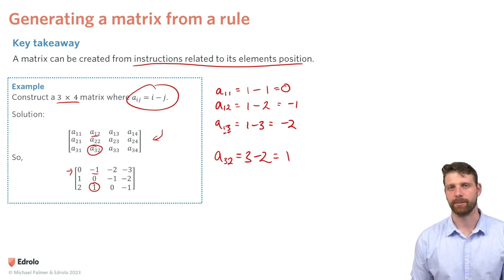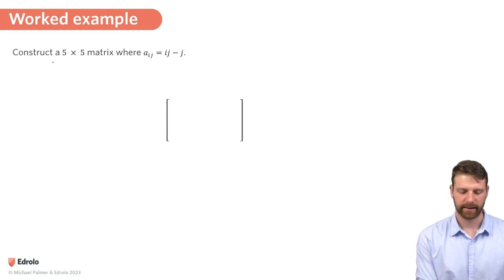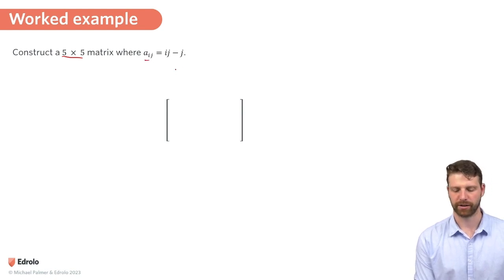Let's have a look at another example. Here's another one, and I've put the shell there so I can put the matrix in easily. It says construct a 5 by 5 matrix where Aij is equal to ij minus j. Okay, what I'm going to do is find the top row first. I'm going to do A11, A12, A13, A14, A15.